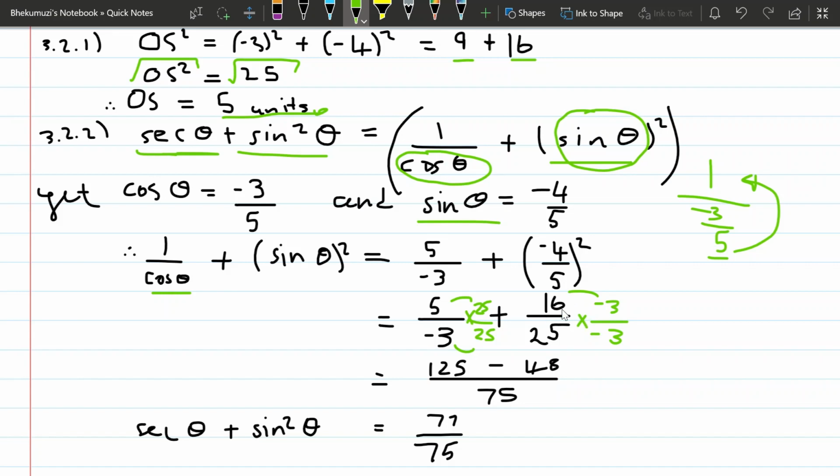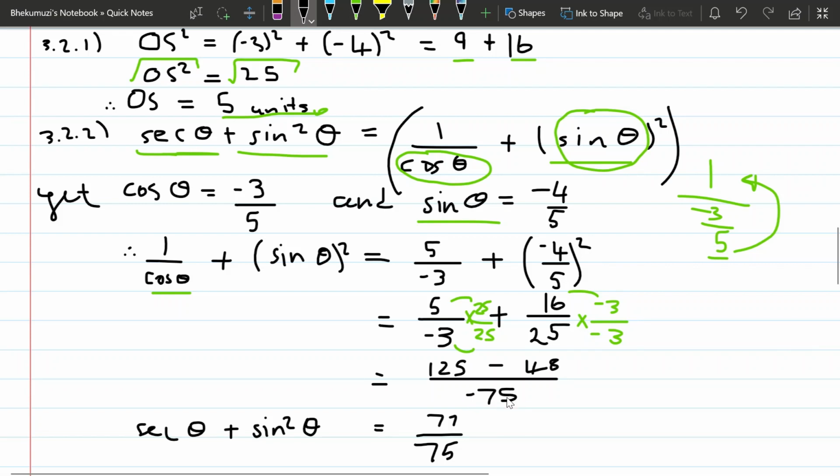That gives us -48, and then we also have 25 times -3. Now 25 times -3 is supposed to give us -75, not just 75, but -75.